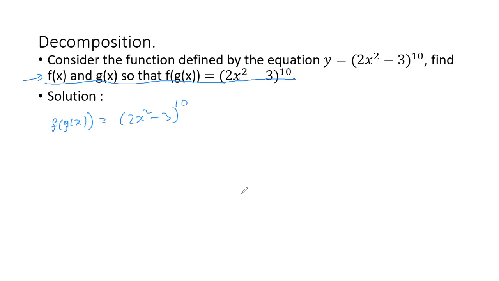Now, let's say this. Let's take f(x) equal to x to the power 10 and g(x) equal to this inside function, which is 2x square minus 3.